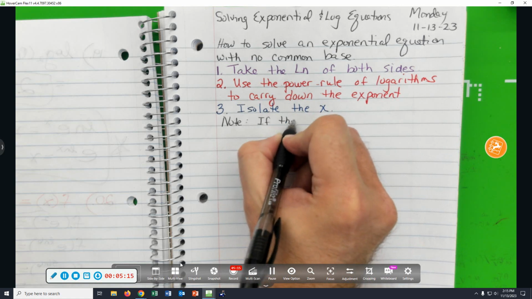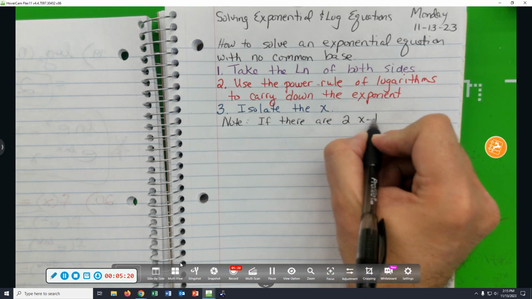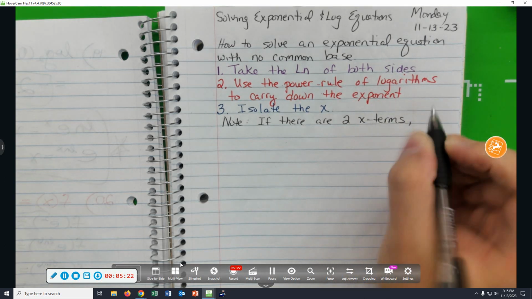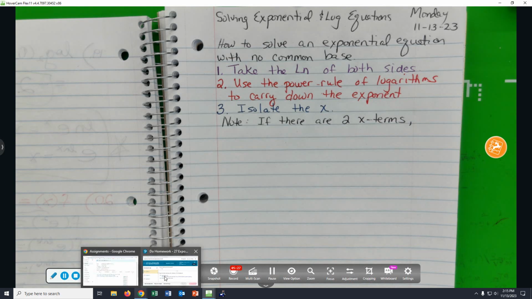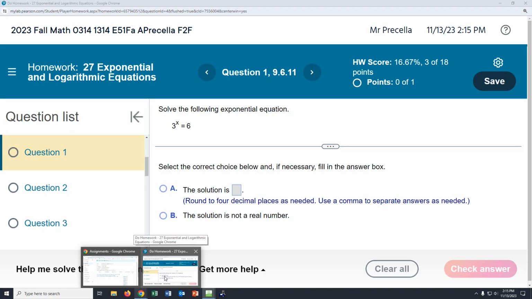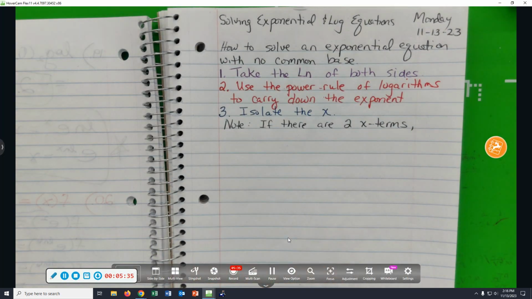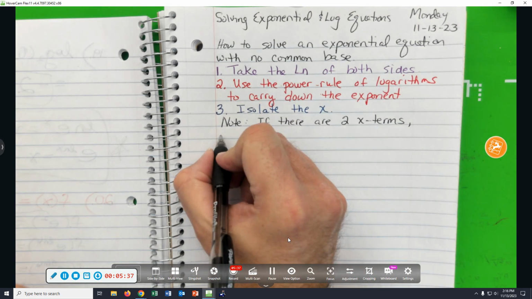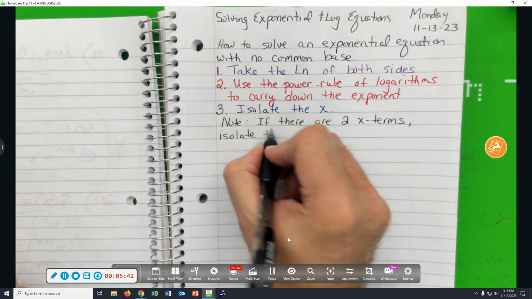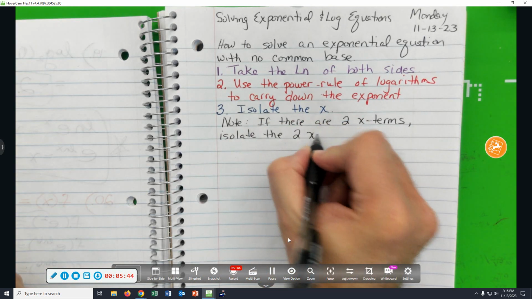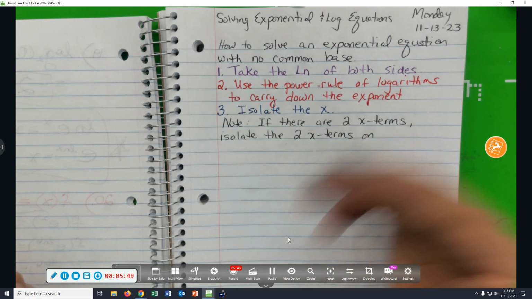But I want to make a note here. If there are 2 x terms, like, on the one I showed you for problem 1, there's only one x term in it. But what if there had been 2 x terms? So that's what this note is right here. If there are 2 x terms, isolate the 2 x terms on one side of the equation.